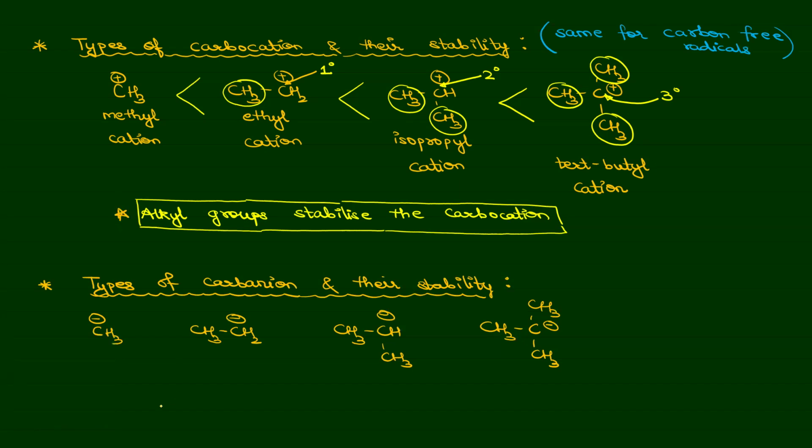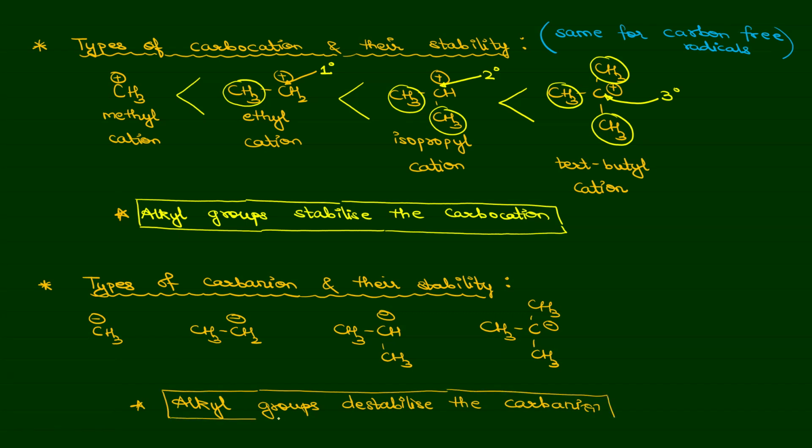Now, if I reverse these statements for the carbanion, then the alkyl groups attached to the carbanion have a tendency to destabilize the carbanion. So the more alkyl groups attached to the carbanion, the more the instability. That is why in this case, the tertiary becomes the least stable and methyl becomes the most stable.